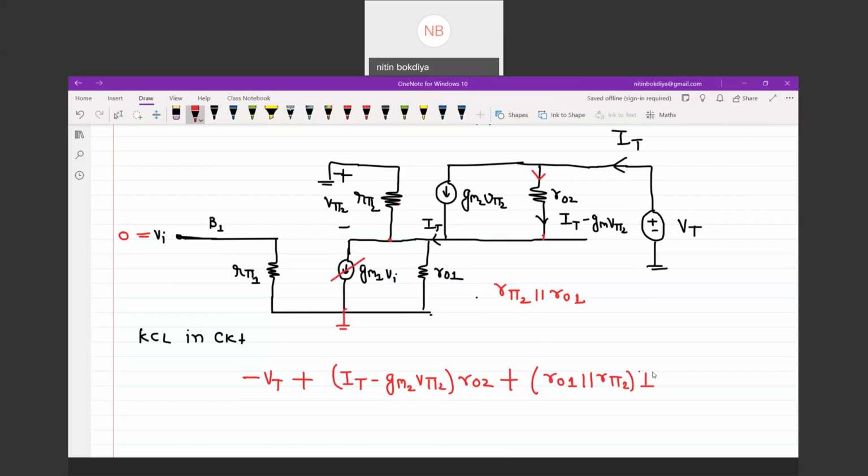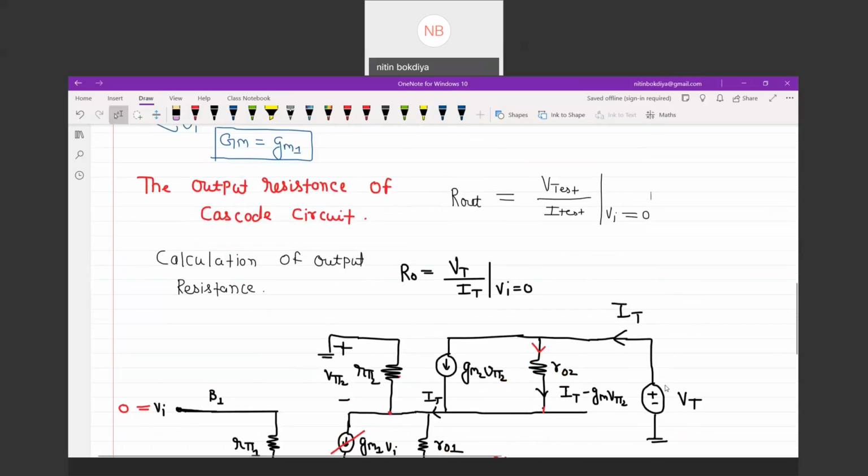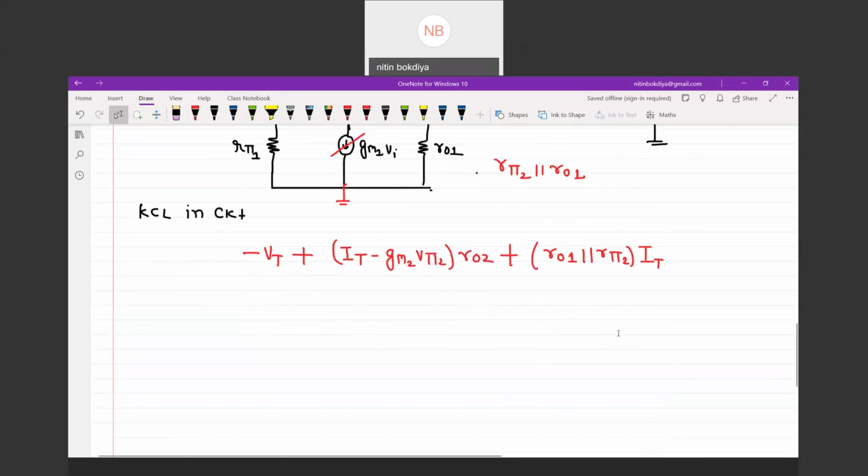So this is the whole idea for the circuit. Okay, we have one more relationship which we know. This whole summation is equivalent to 0. इसका value 0 होगा. Now we are having IT in every term because we are interested in the ratio of VT by IT, but V pi 2 is not expressed in terms of IT.